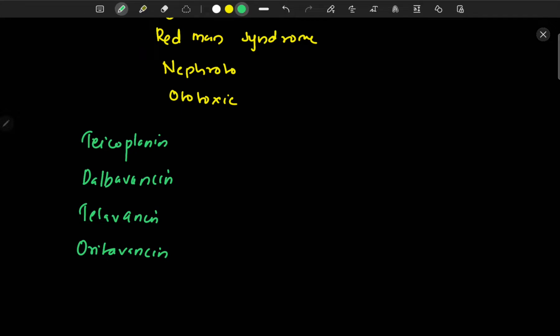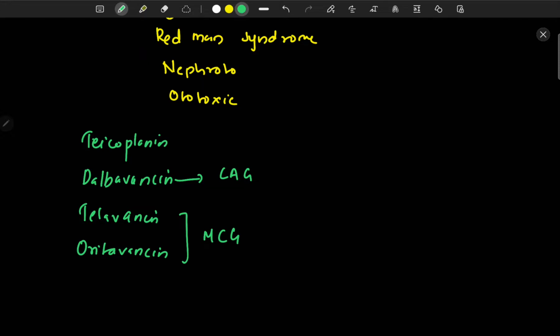Dalbavancin is the longest acting glycopeptide, and telavancin and oritavancin are the most cidal glycopeptides.